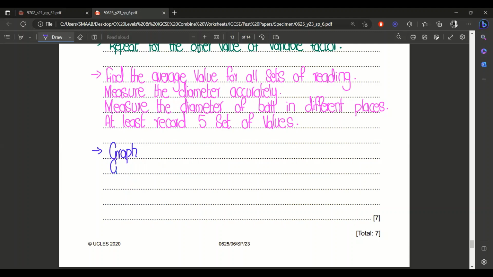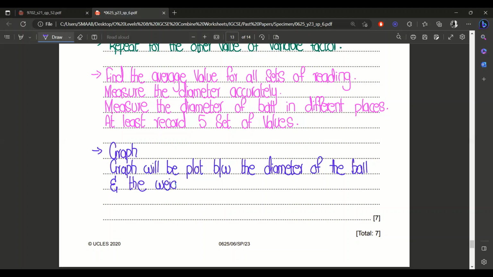Yes. Graph will be plotted between the diameter of the ball and the weight or mass of the ball, right?